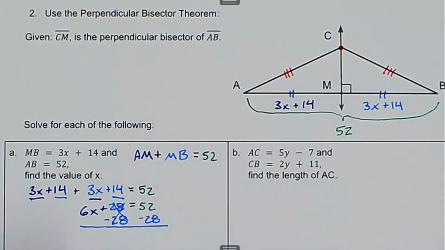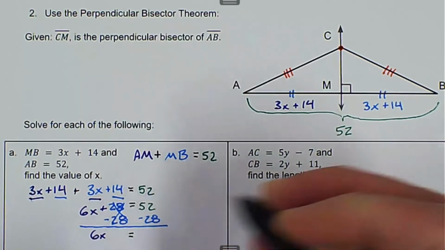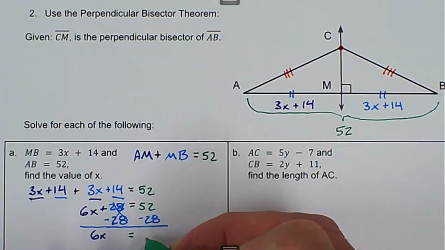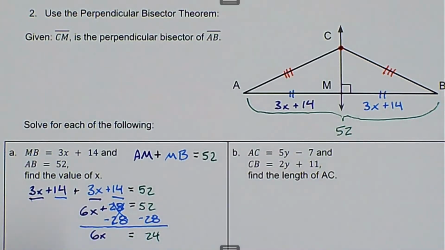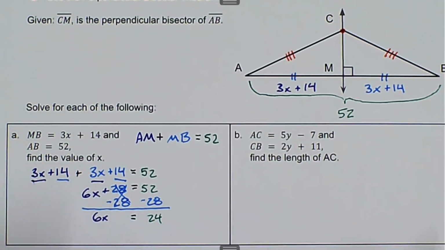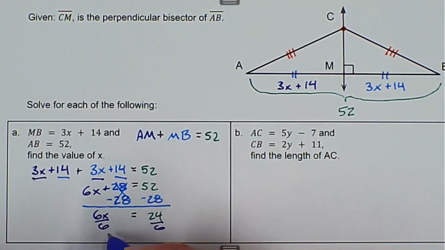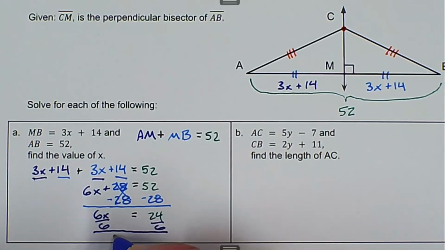Our 28 cancels, and we're left with 6x is equal to 24. Then we want to get rid of the 6 in front of the x, so we divide both sides of the equation by 6, and we get x is equal to 4.